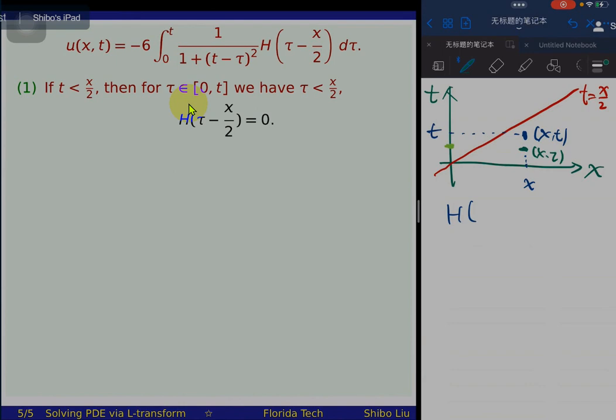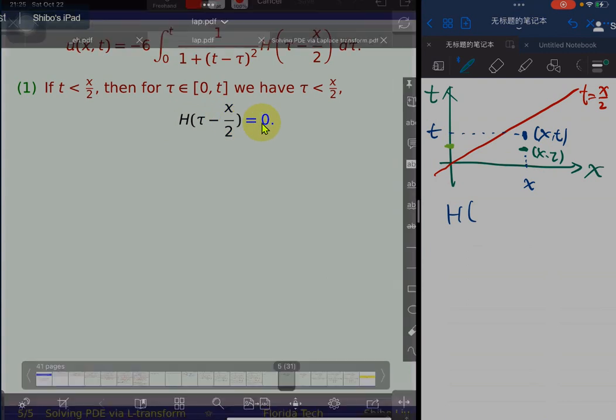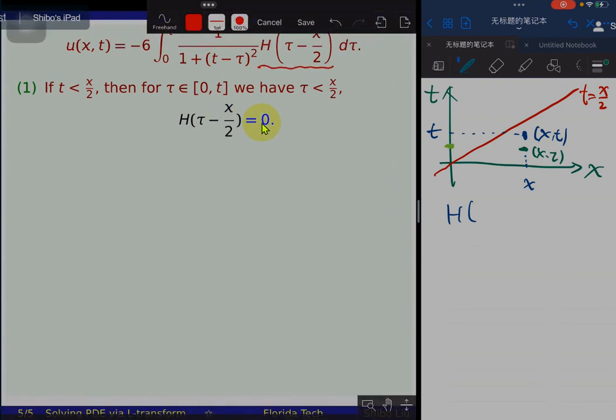So tau minus half of x is negative. Therefore, the value of capital H at tau minus half of x is 0. This means that a factor of the integrand of the integral expression of u is 0. So the integral is 0.